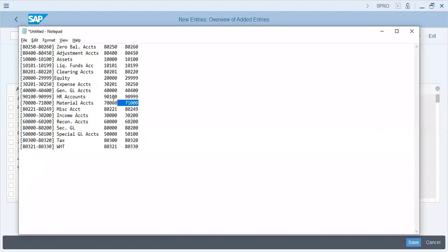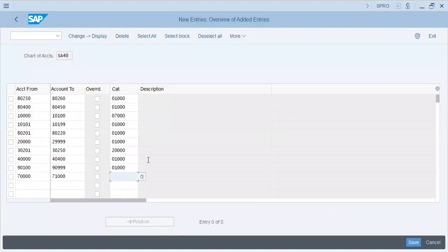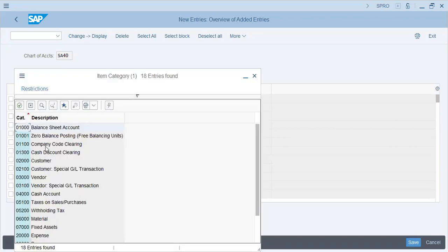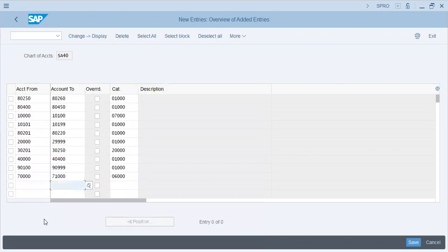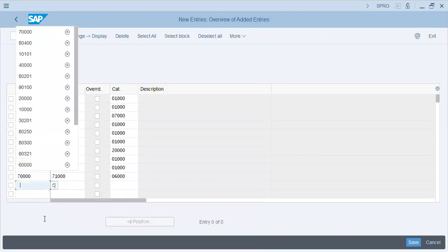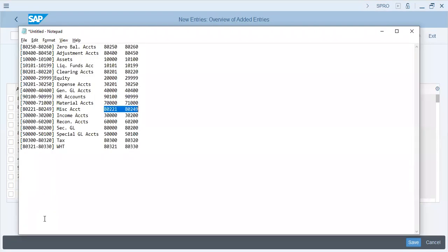Material accounts. Miscellaneous accounts.